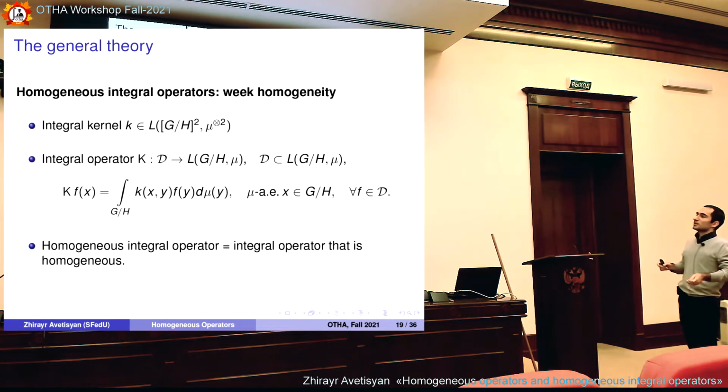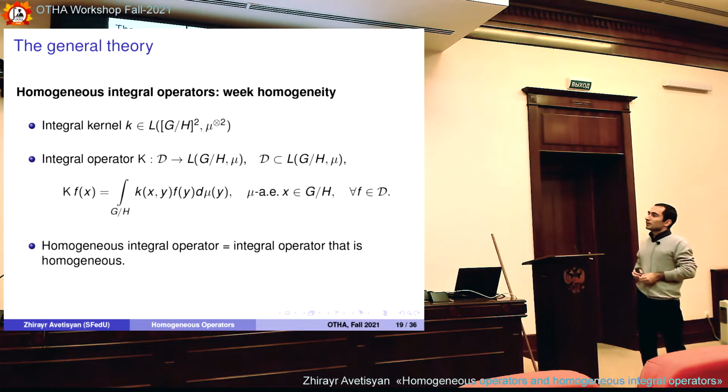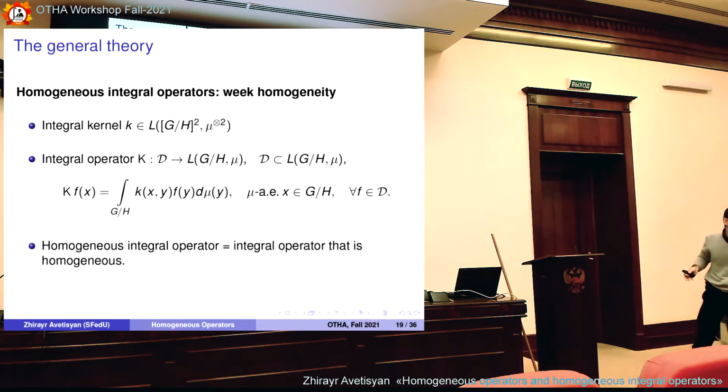You interpret this integral the way you want. If it converges in the usual Lebesgue sense, then fine. If not, then you have to come up with a certain conditional convergence scheme. And then a homogeneous integral operator is just an integral operator which is homogeneous with the definition we gave on the previous slide.